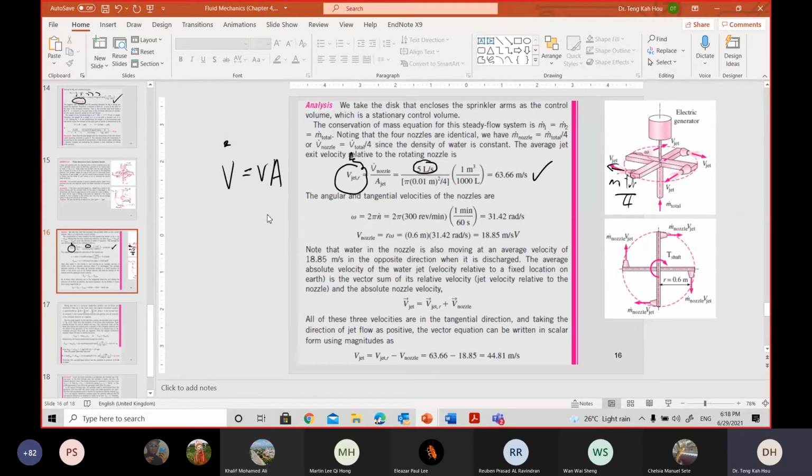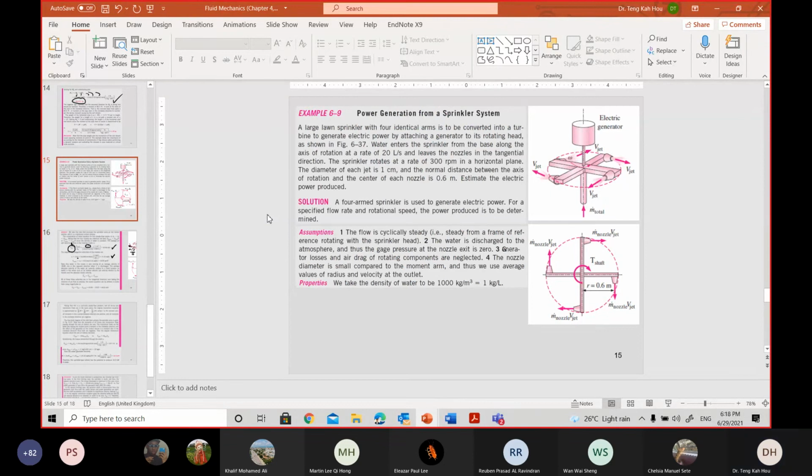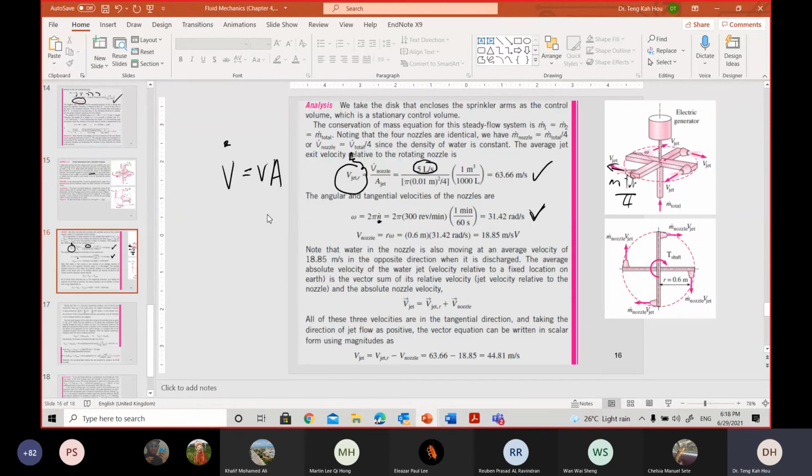So I can get the omega from there by using 2 pi n. So the omega, the rotational speed for this, is 31.42 radian per second.